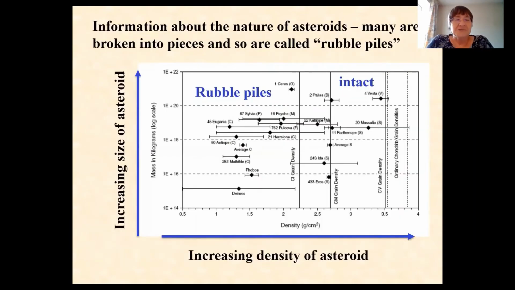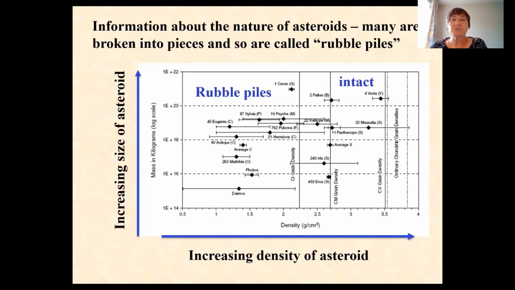Going back to asteroids, if you look at the density of asteroids, and that's shown on the bottom here, the horizontal axis, where it says density in those lovely old units of grams per cubic centimeter, you can see on the right-hand side I've written the word intact, and that's where the density is around 3 grams per cubic centimeter, and that's a typical density of rocks and a mixture of rock and metal.